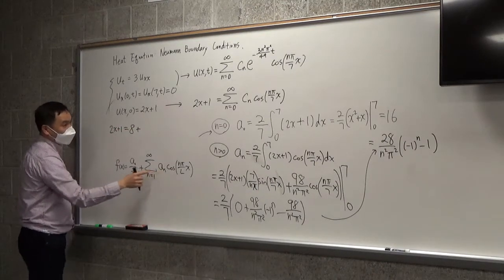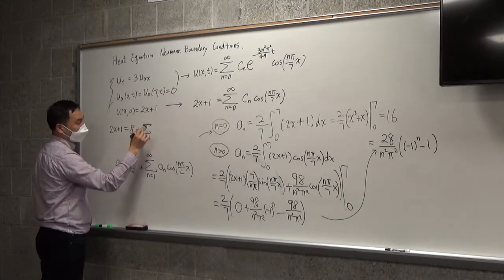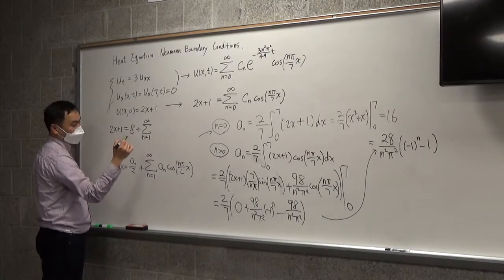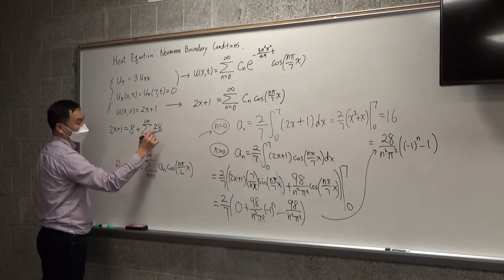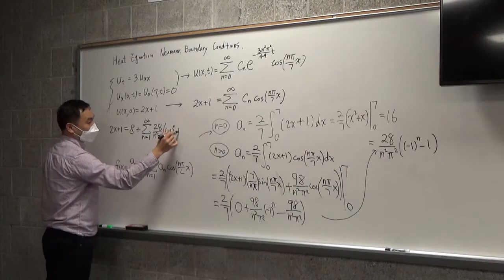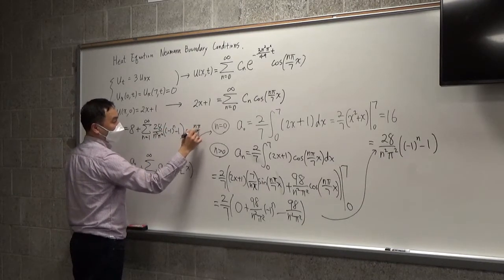And then this one is summation n from 1 through infinity of 28 over n squared pi squared of negative 1 to the nth power minus 1 cosine n pi over 7x.